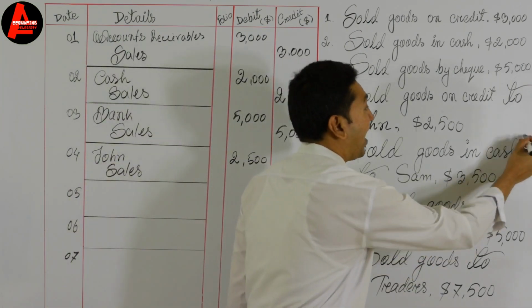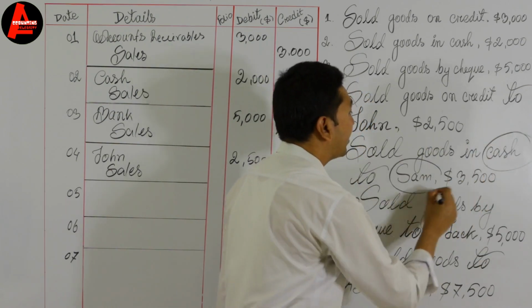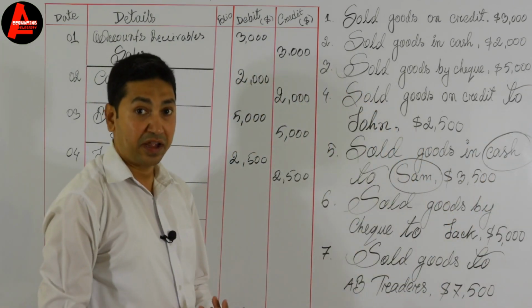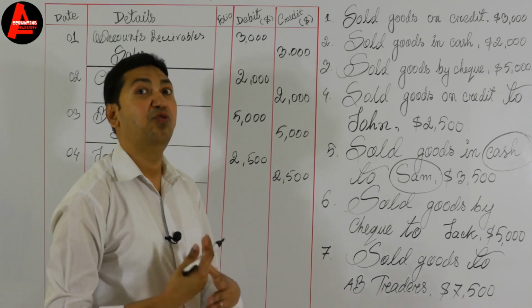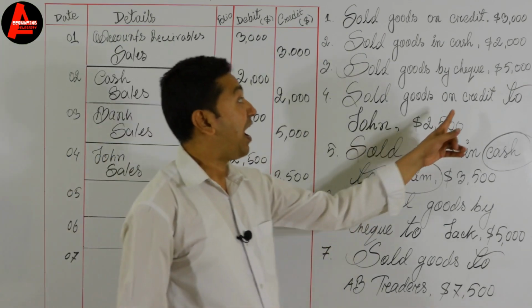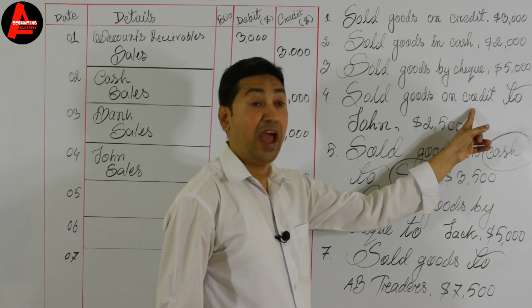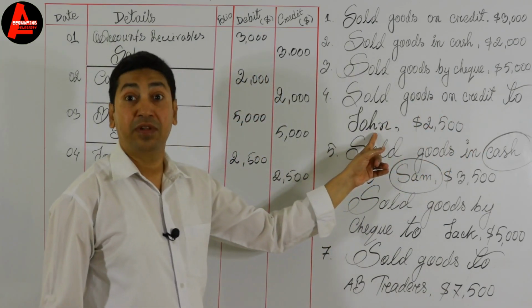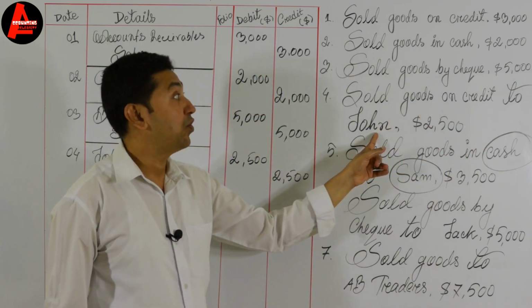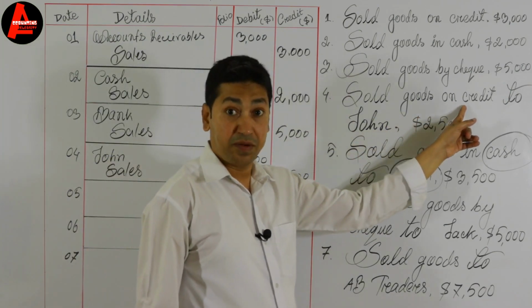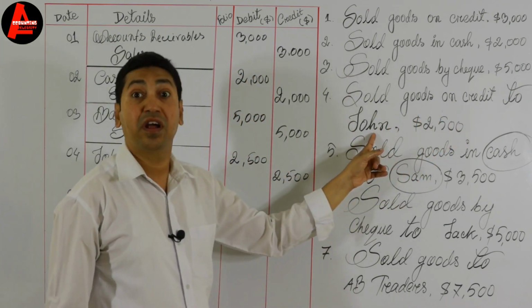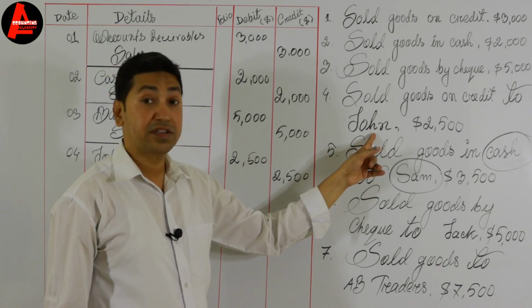Now the confusing thing is what to write. Will you write cash, or will you write Sam, the name of the customer? Here we had a transaction on credit and we had the name of the customer. We did not write accounts receivable; we wrote the name of the customer, which is John.